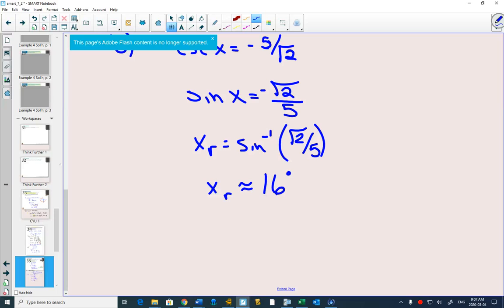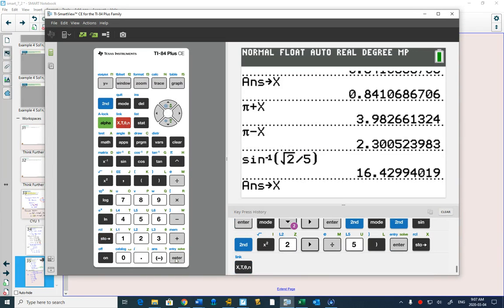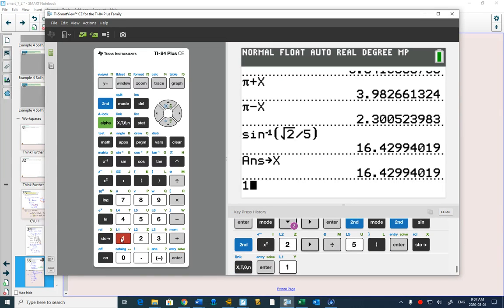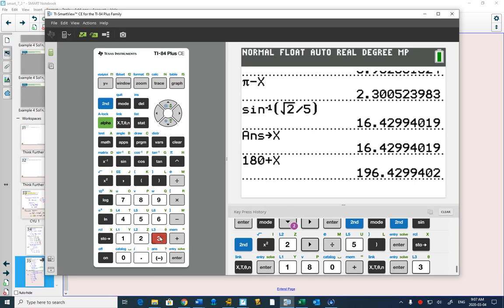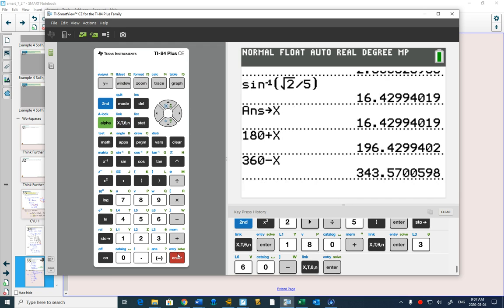Where is sine negative? Sine is negative in quadrants 3 and 4. So I would go to my calculator. I could store this as x. In quadrant 3, it would be 180 plus x. In quadrant 4, it would be 360 minus x.